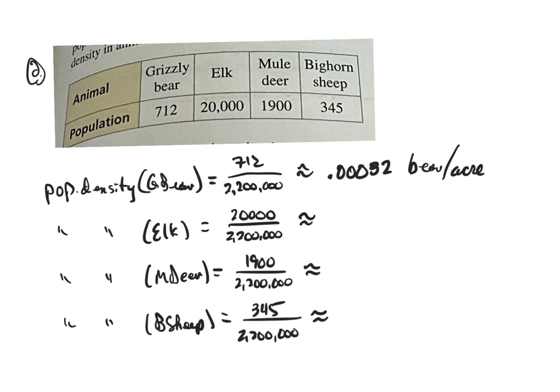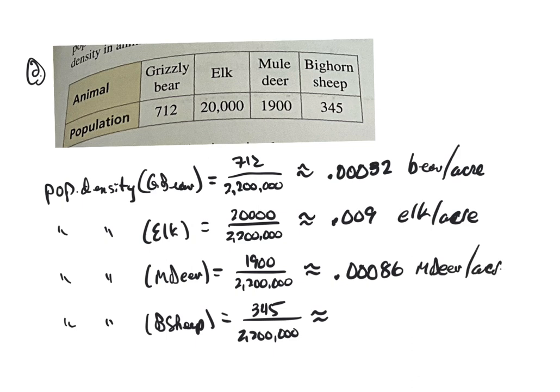Elk, that will be approximately 0.009 elk per acre. Let's see, what do I have next? Mule deer would be 1,900 divided by 2.2 million. And so that's approximately 0.00086 mule deer per acre.